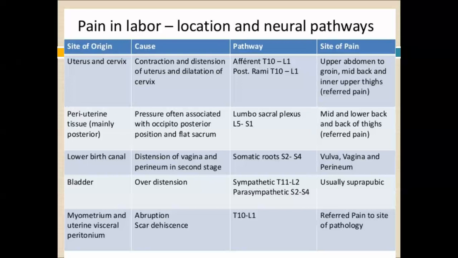Sympathetic pathway through T11 to L2 and parasympathetics through S2, 3, 4. Usually the pain area is the suprapubic area. Pain from the myometrium and uterine visceral peritoneum is in cases of abruption or scar dehiscence, and this is carried by T10 to L1, and it is referred pain at the site of pathology.